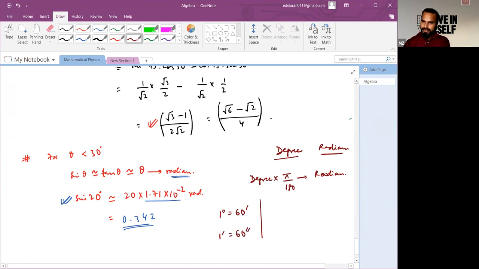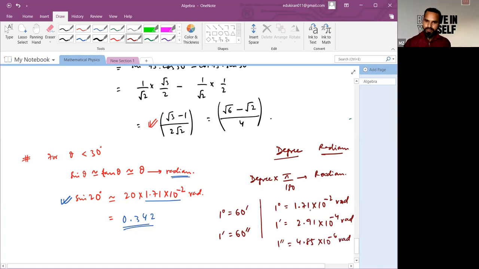To convert these angles into radians, 1 degree equals 1.74 into 10 to the power minus 2 radian. 1 minute equals 2.91 into 10 to the power minus 4 radian, and 1 second equals 4.85 into 10 to the power minus 6 radian.